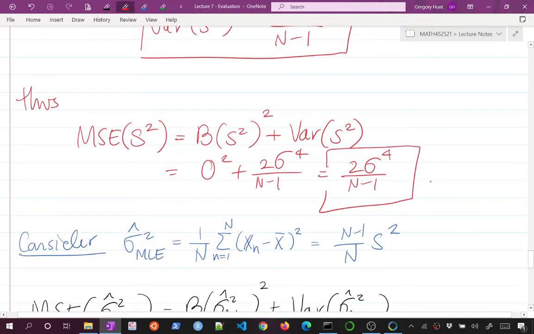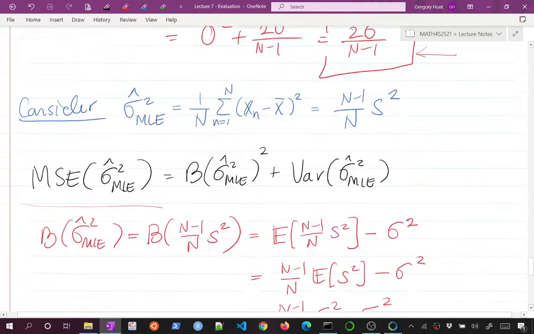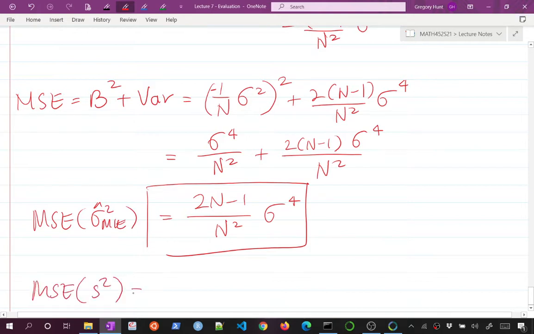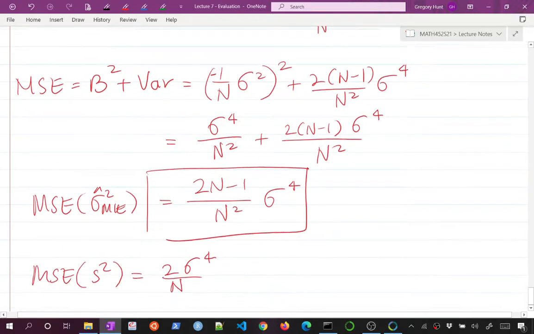And here was the MSE for s squared. So which is smaller? This is the MSE for sigma hat squared, the MLE. And the MSE for s squared was 2 sigma to the 4th over n minus 1.